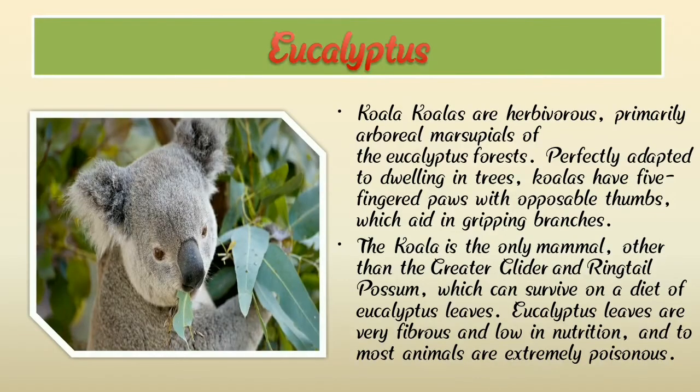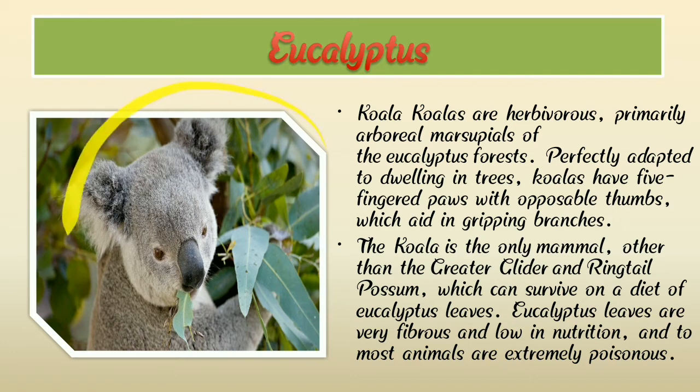Now we can learn about eucalyptus. Koalas are herbivorous, primarily eating the mature leaves of eucalyptus.